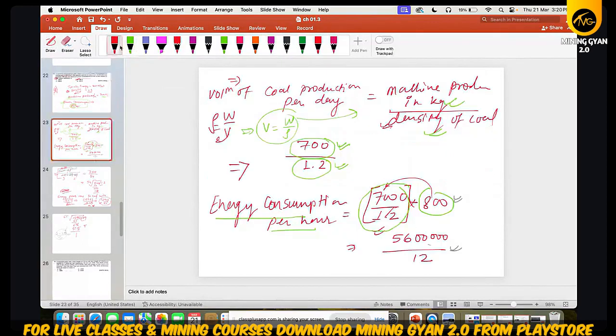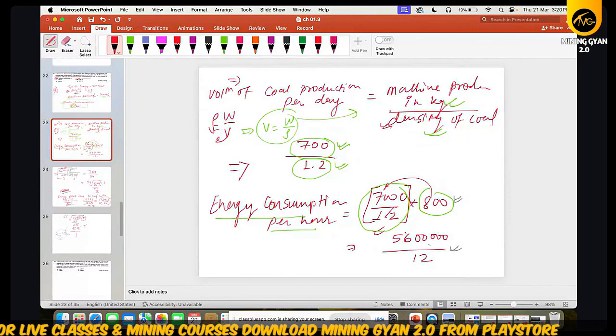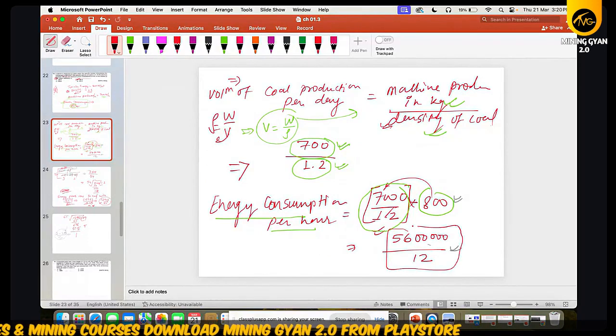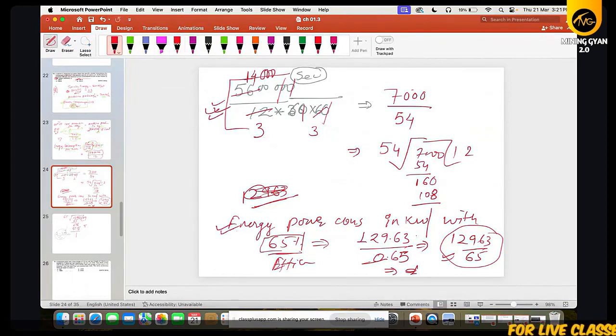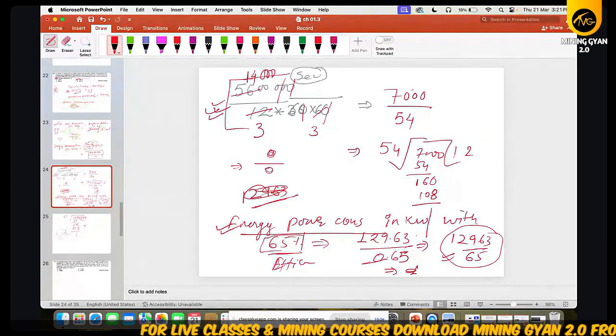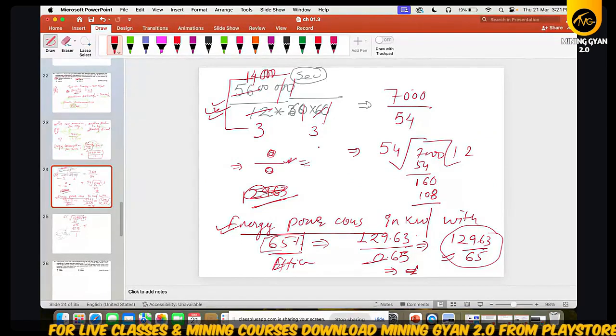When we multiply, we get energy consumption per hour. Then we can calculate it per second, and from energy consumption we get power consumption. We know the efficiency formula: actual divided by efficiency, then we will get our answer.